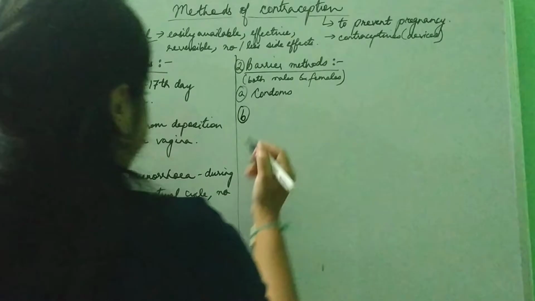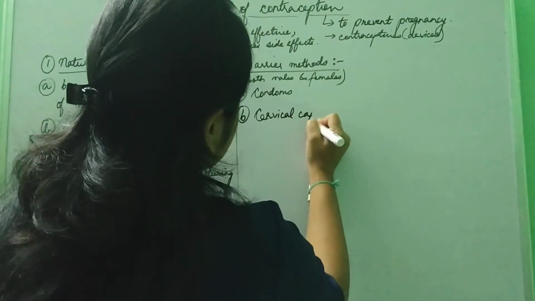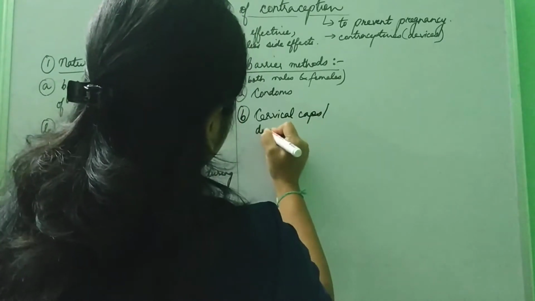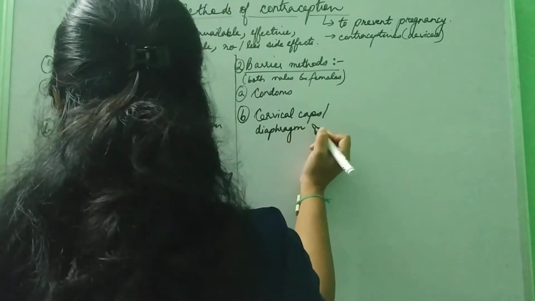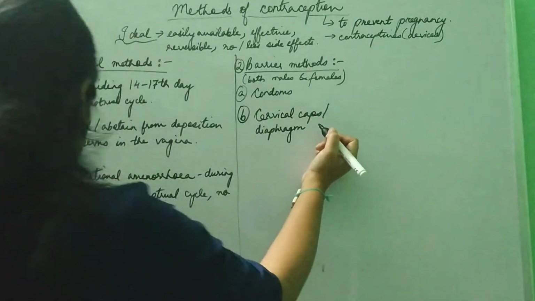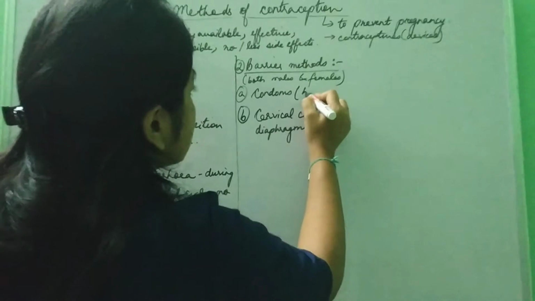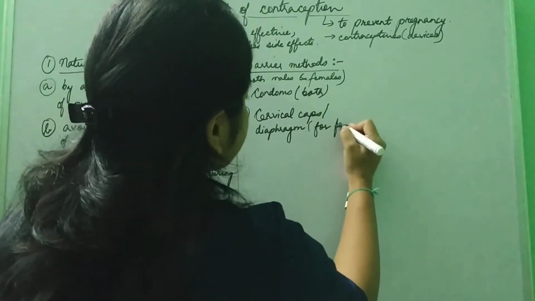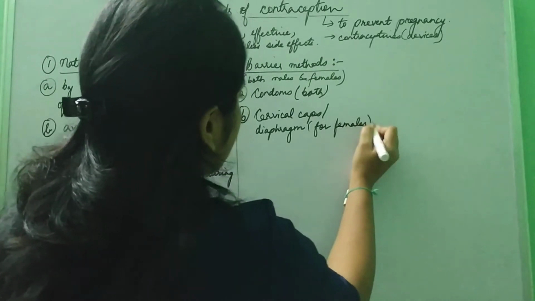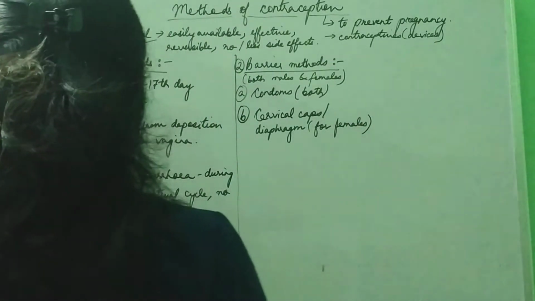Next is cervical caps or diaphragm. Again, this is a barrier method for females. Condoms are available for both male and female. Cervical caps and diaphragm are available for females and they act as a physical barrier.